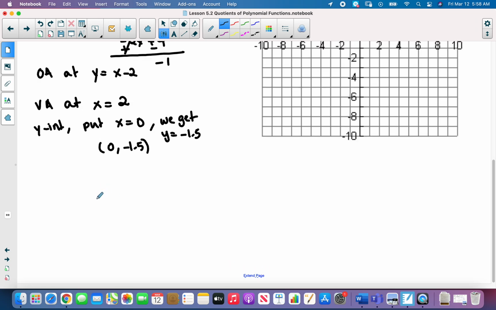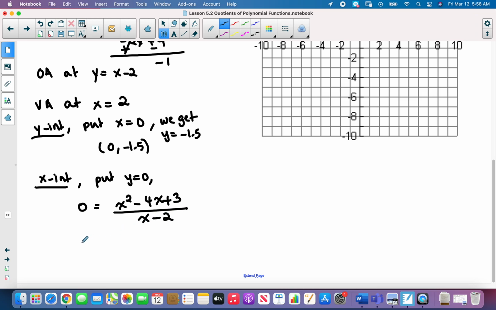And we can also try to find if there are any x-intercepts. Put y equals 0, right? So 0 equals x squared minus 4x plus 3 divided by x minus 2. So we get x squared minus 4x plus 3 equals 0.